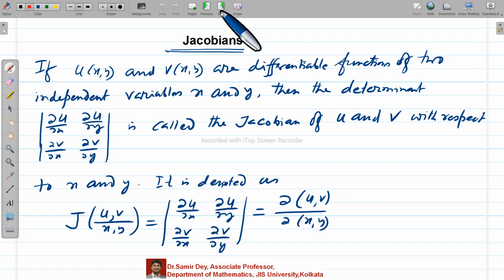So basically this Jacobian can be in terms of three variables also.